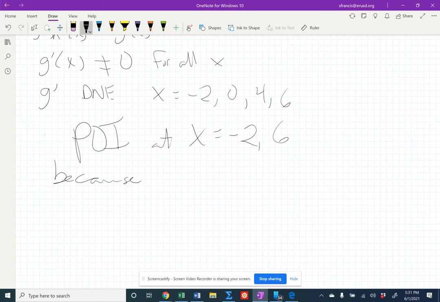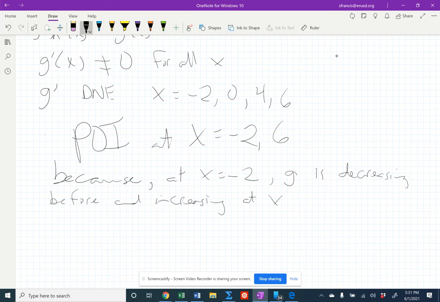Because you're going to connect this back to the graph of G, because at x equals -2, G is decreasing before and increasing after x equals -2, and at x equals 6, it's the reverse.